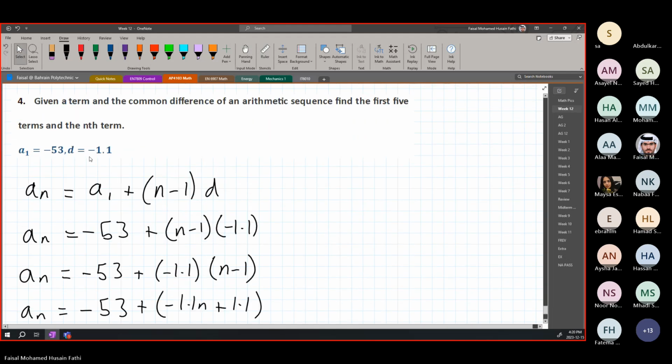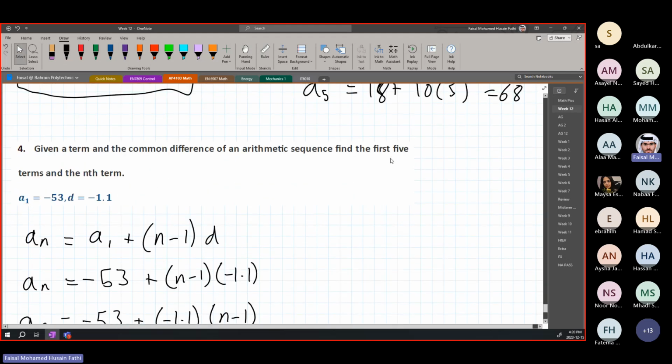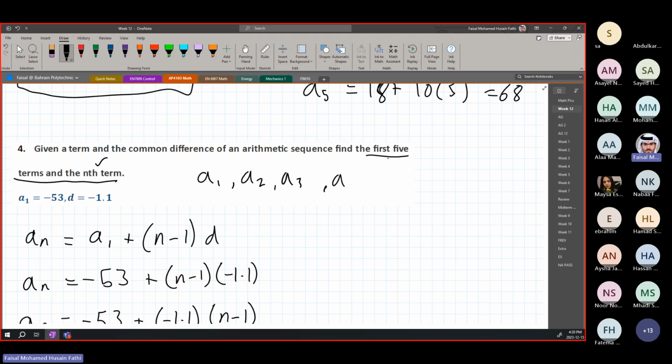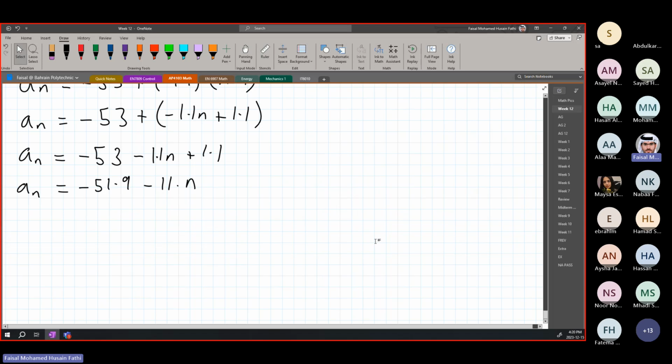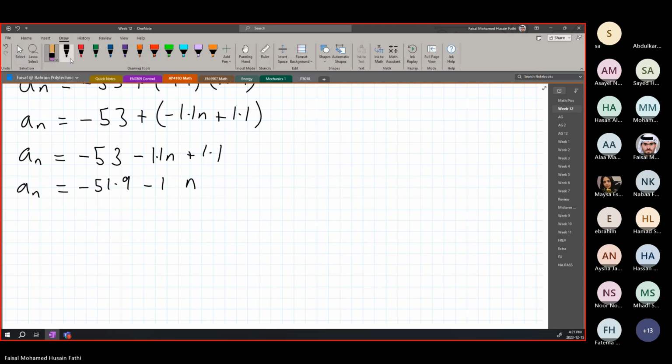All right. Again, first five terms and the nth term. We found the nth term. First five terms mean A1, A2, A3, A4, and A5. All right. Using the calculator, mode 7. What is our equation? Minus 51.9 minus 1.1 times x.